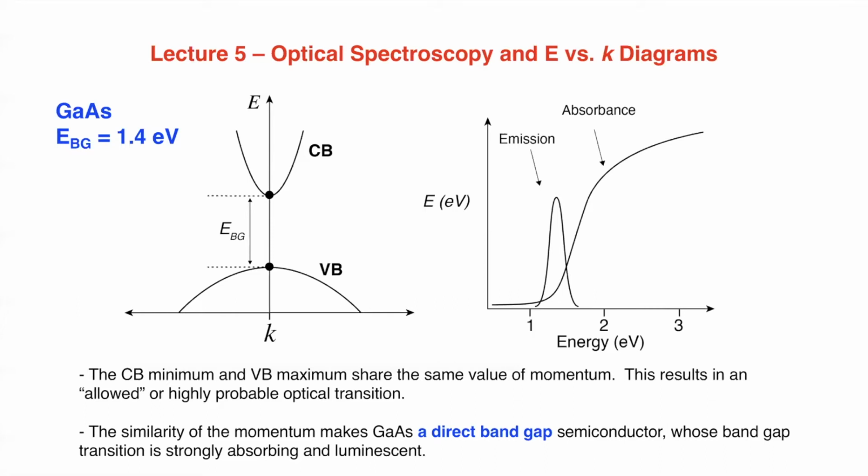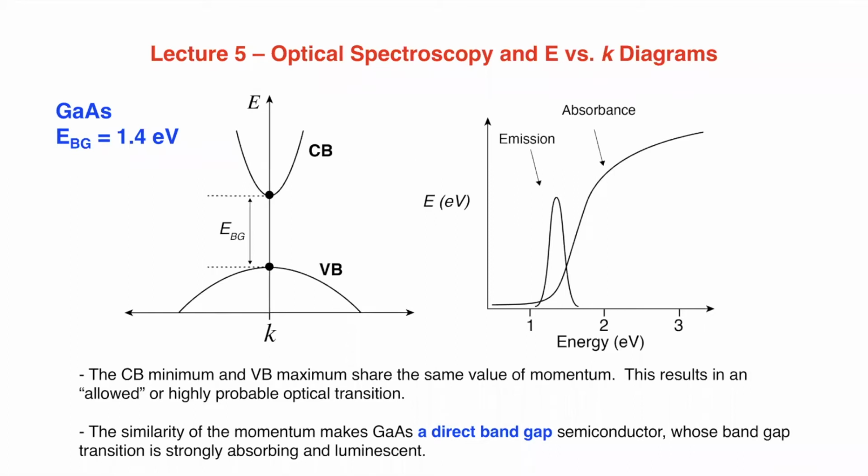And this is very important because optical transitions need to conserve momentum. So if you excite an electron into the conduction band and it falls down into the valence band, then the transition probability is related to whether or not momentum is conserved. So if you're at the same K point in that transition, so K equals 0 in this case, then the probability of emission is higher.